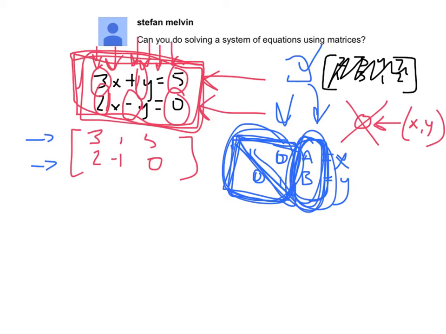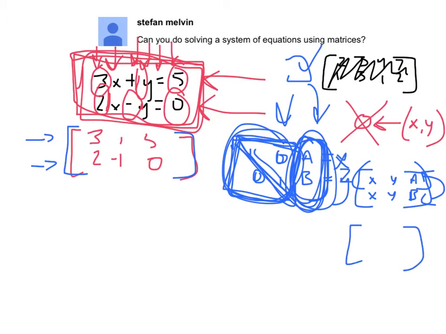All right, now, here are a couple of the rules that you can do to essentially solve this, okay? You can switch the two lines. Say we've got x, y, and that's A, x, y, and that's B. You can switch the two lines, switch their positions if you want to. You can multiply an entire row by a number, and you can also add rows together and then replace a row.